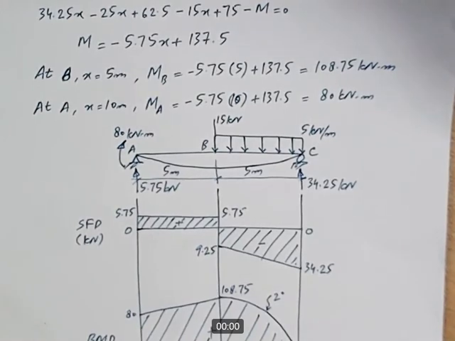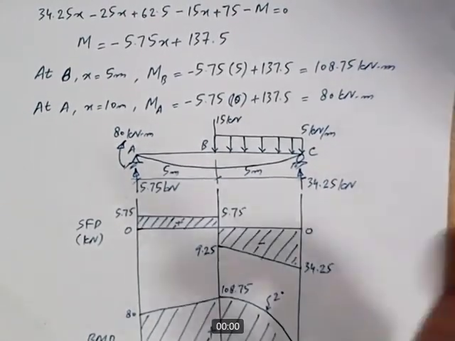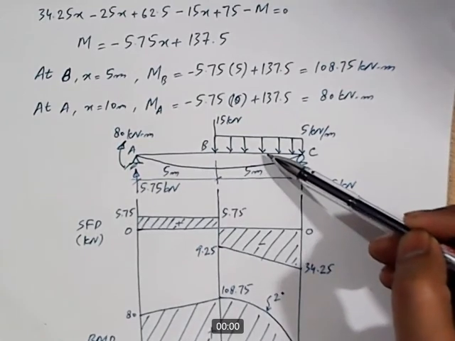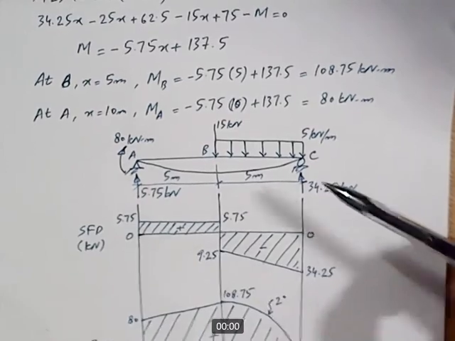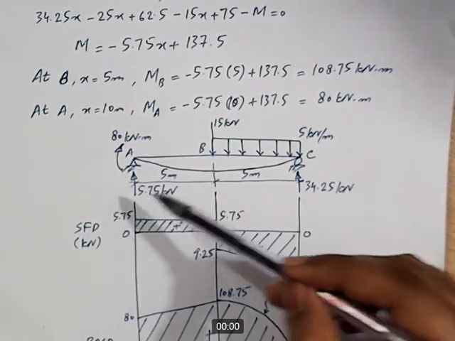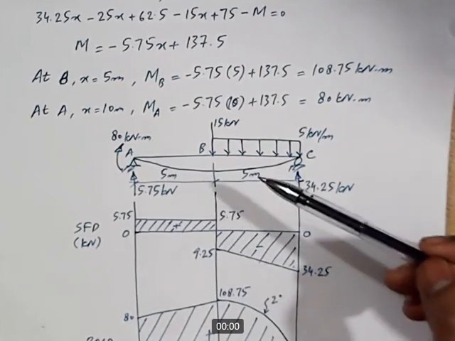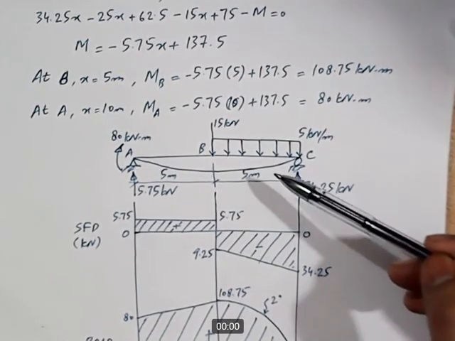For example, if you have a complicated beam having a combination of different loadings, and you want the value of bending moment at a particular point, let's say at this point, and you have like 5 different types of loads on the other side, then starting the solution from the left hand side will be much more complicated as compared to starting from the right side and quickly getting the desired value.